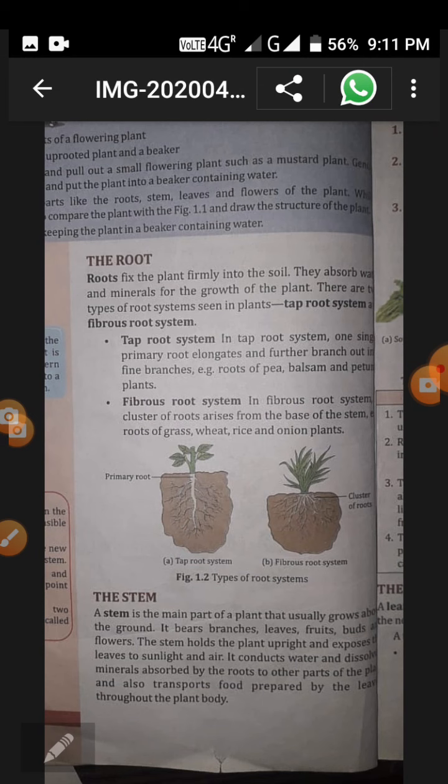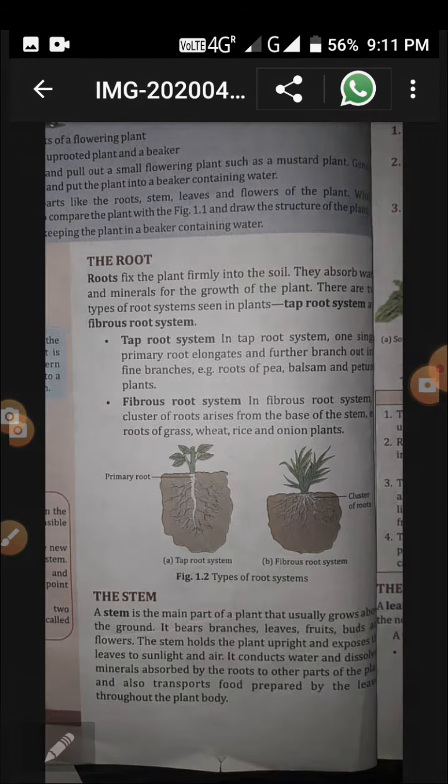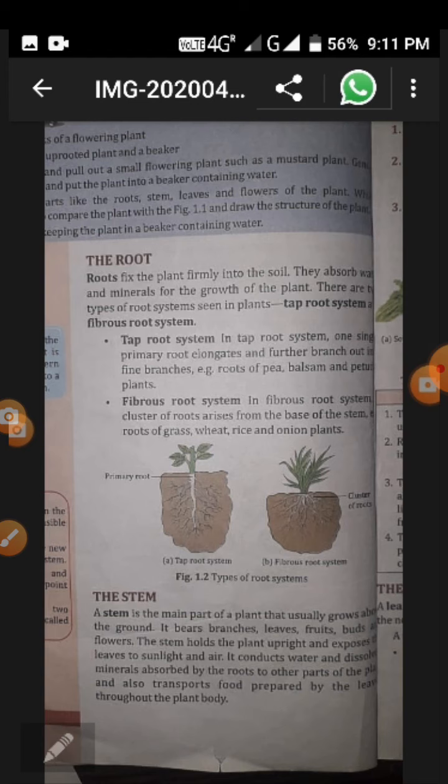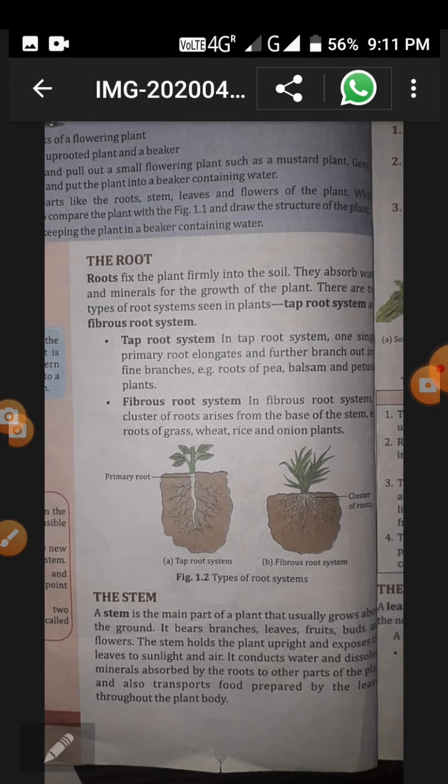It holds the plant into the soil tightly, and the second function of the roots is absorbing water and minerals for the growth of the plant. The third function of the roots is to give minerals and food to the plant.